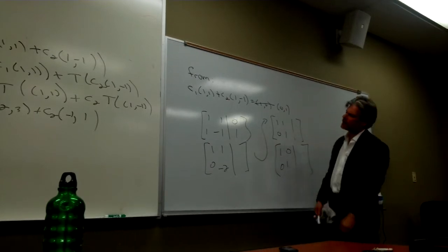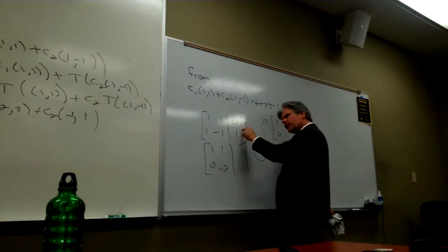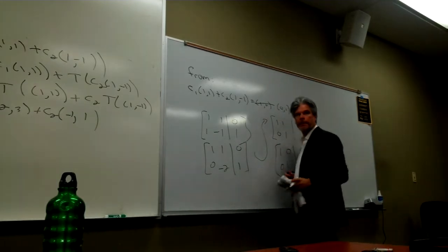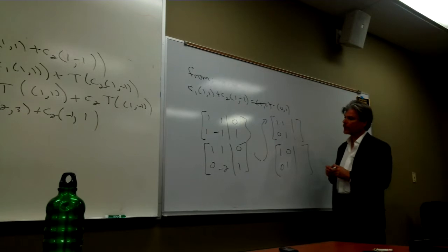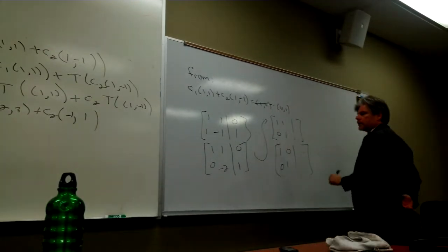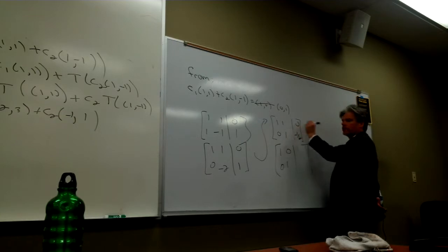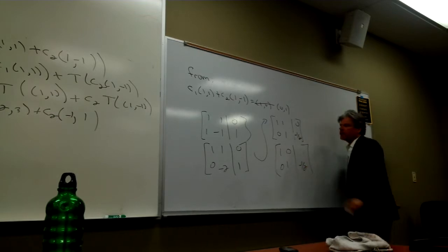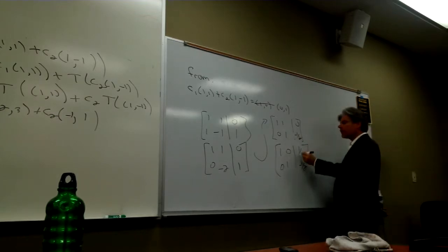And let's see, what the heck am I doing here? -1 times the first plus the second is the new second. I guess it's a 1. Next, multiplying the second row by -1/2 gives me this. And lastly, -1 times second plus the first, use that as my new first, it's going to give me, is it a positive 1?